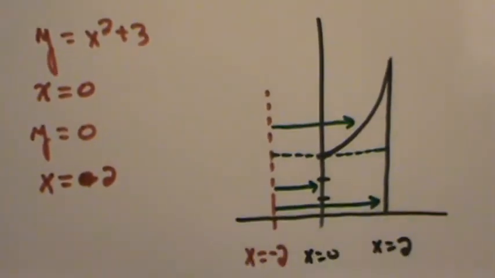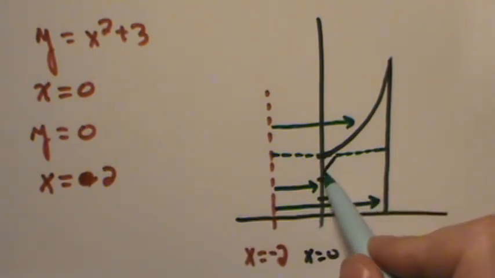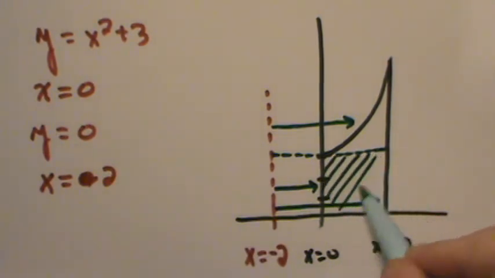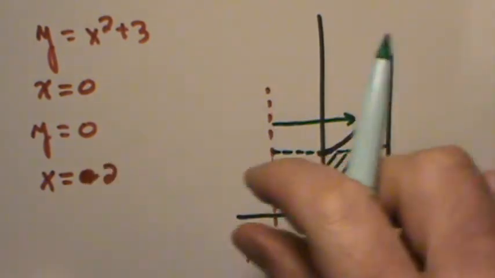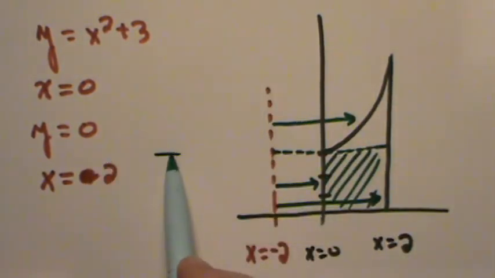I also need to know from where to where. So this is obviously going to be my y equals 0 to y equal 3. I know that the parabola starts here at 3, so I can do that all as one region. That's where this is being revolved. That's like a true washer. It would just be a thick washer that's being revolved here. And it's going to end up on this side over here.